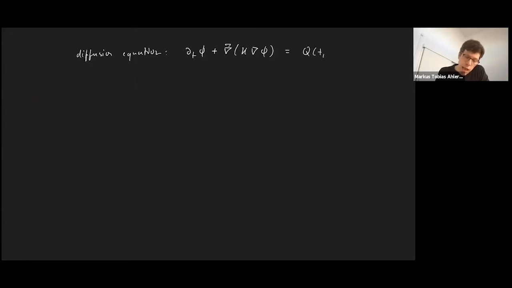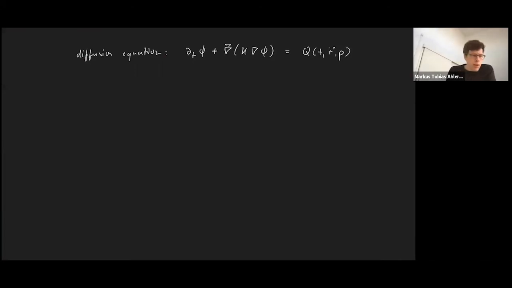This will depend on time in general, location, and also the absolute scale of the momentum, because we are looking here at the angular averaged phase-space distribution. So these quantities will all depend on the absolute value of the momentum, but not on the vector itself.